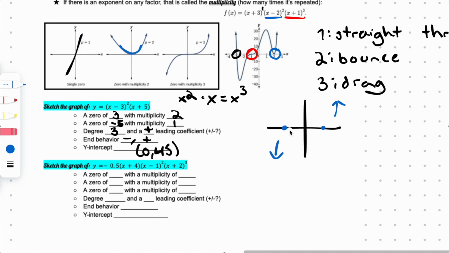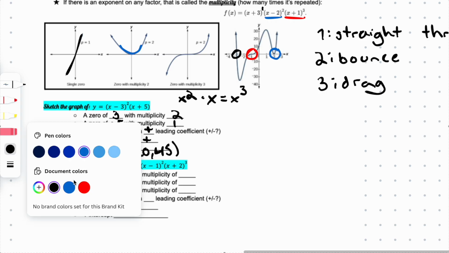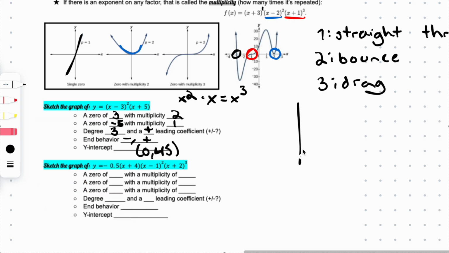We talked about zeros, and we also have a y-intercept of 0, 45. You know what, let's actually just scrap this entire thing, just because we need to change the scale again.